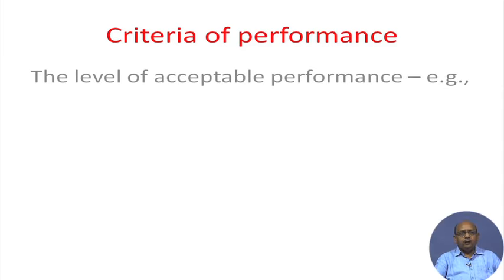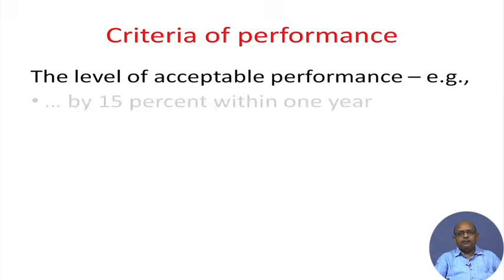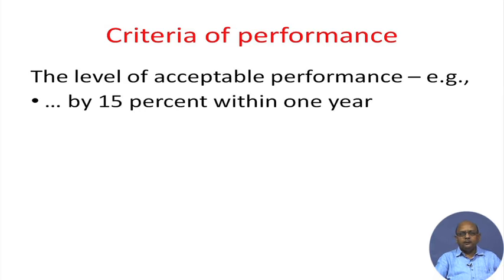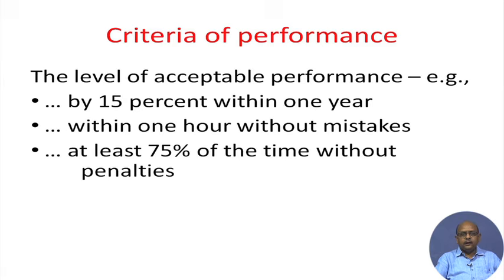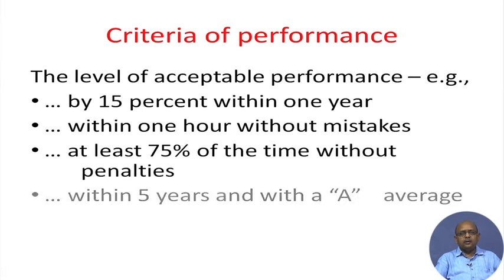So, criteria of performance is the standard or acceptable level of performance. How much? By 15% per year within 1 year, or within 1 hour without mistakes you are going to assemble a chair, or 75% of the time without penalties, or within 5 years with an A grade average. So, these are some of the criteria.